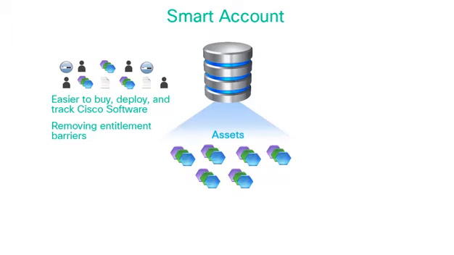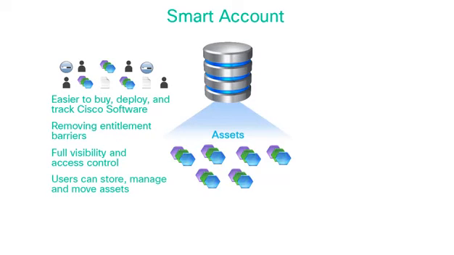A smart account is a centralized account managed by a partner or customer that provides full visibility and access control to all Cisco software licenses across the customer's company. You can think of it as a bank account where users can store, manage, and move assets from one virtual account to another. Smart accounts are becoming the heart of Cisco transactions.